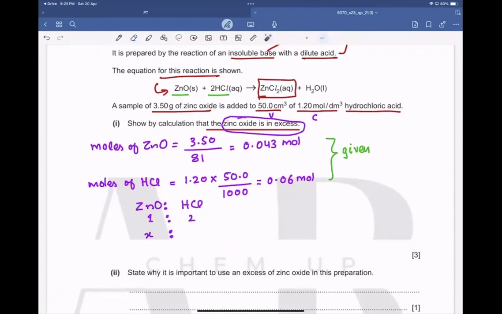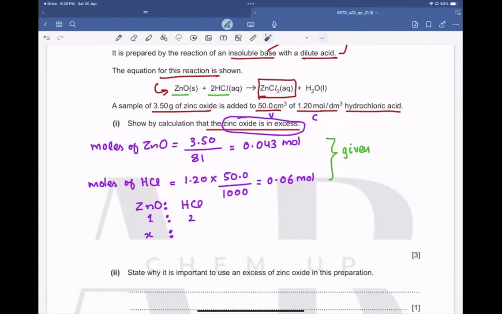This is the concentration of hydrochloric acid, right? And here we got the volume of hydrochloric acid. If we are given the concentration and the volume, we use the formula concentration times volume, and that volume must be in dm³. This volume is in cm³, that's why we have divided it by 1000.